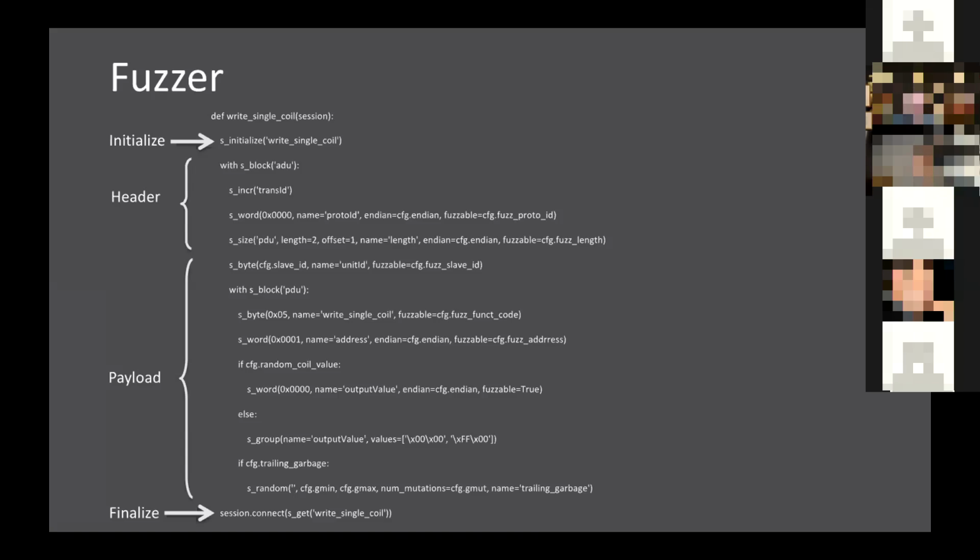Then within the payload, we have the function code, in this case a write single coil, the address of the coil, and the value that we're sending to the coil, so it would be a 1 or a 0. And then we send the packet.